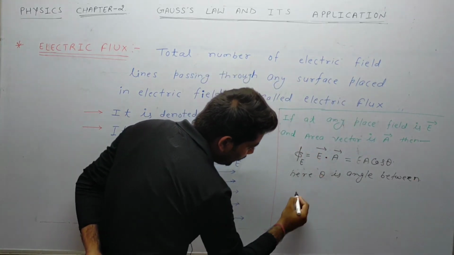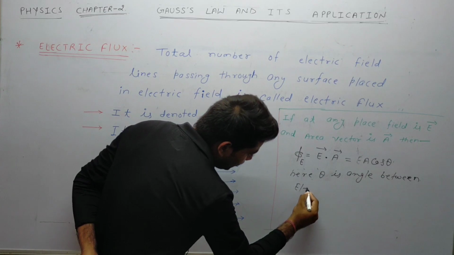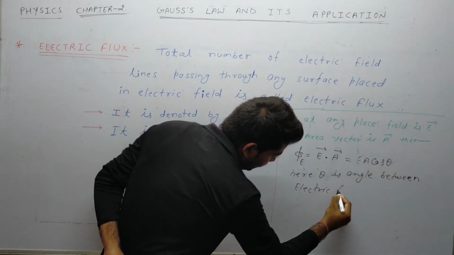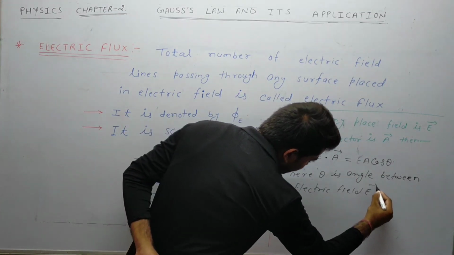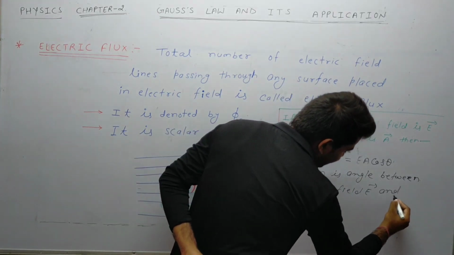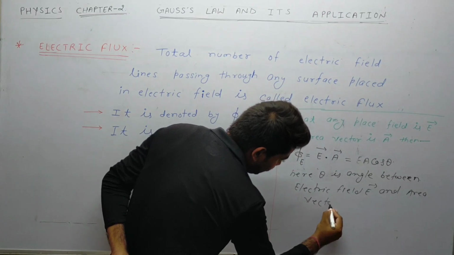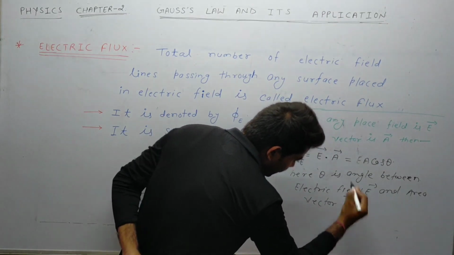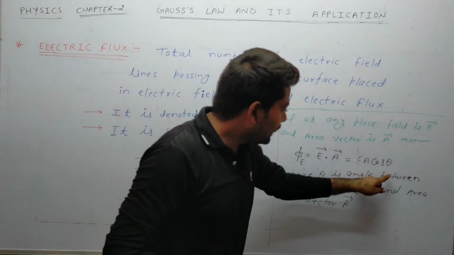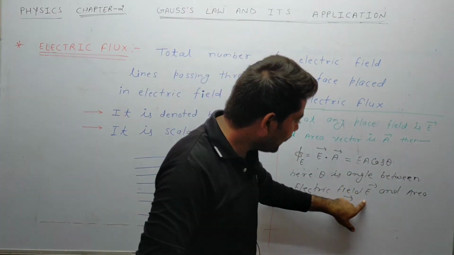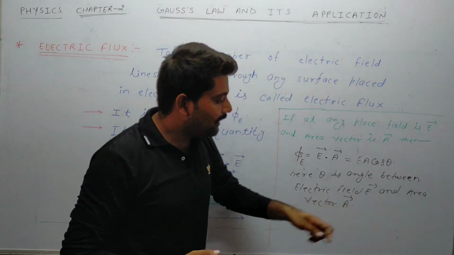Which two physical quantities? One is the electric field, E vector, and the second is the area vector, which is denoted by A vector. Theta is the angle between electric field E vector and area vector A vector.